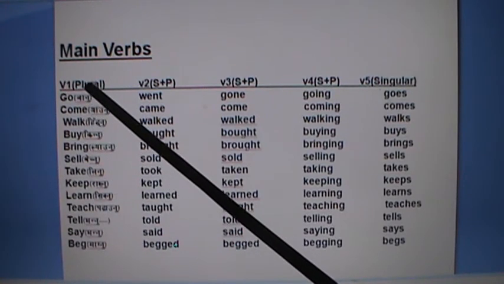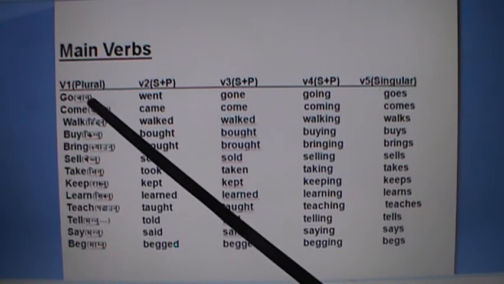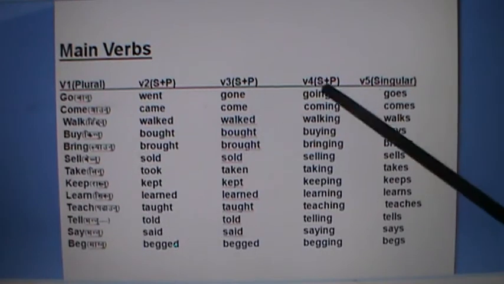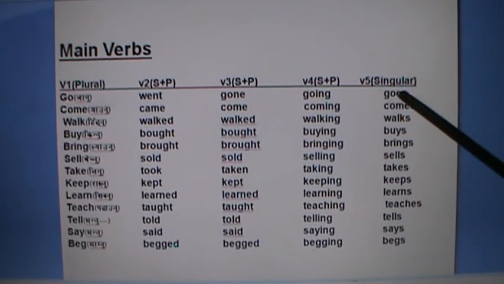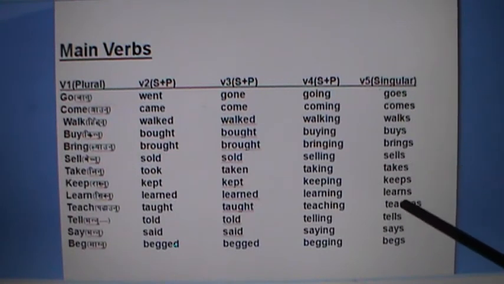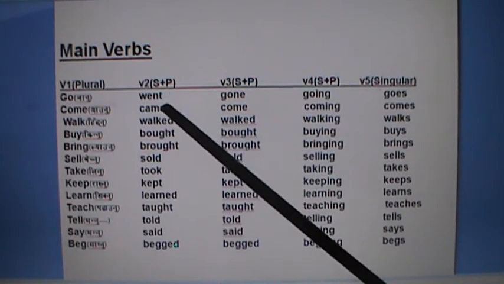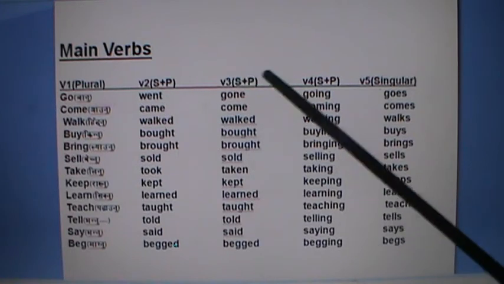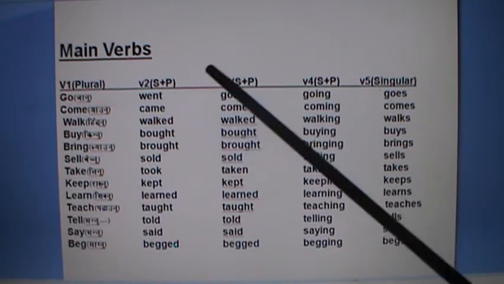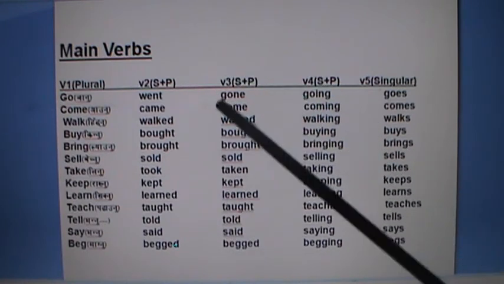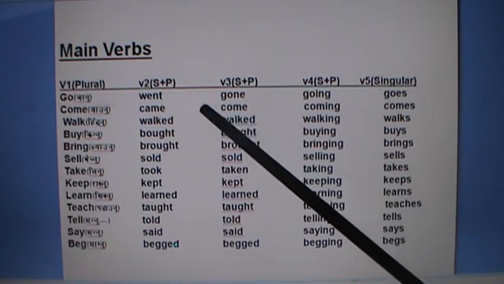But actually they are plural because they are used only with plural subjects. Similarly, all verb 5 forms, adding S or ES, are singular because they are used with a singular subject in statements, and the rest are both singular and plural. Verb 2, verb 3, verb 4 can be used with singular or plural subjects, so they are both singular and plural. You must know these three things about verbs.